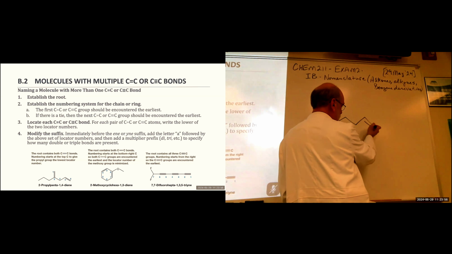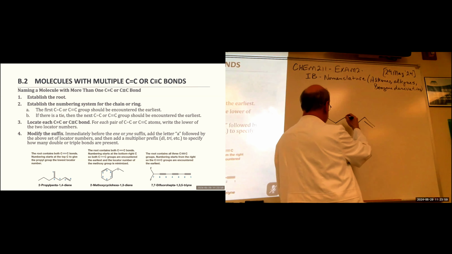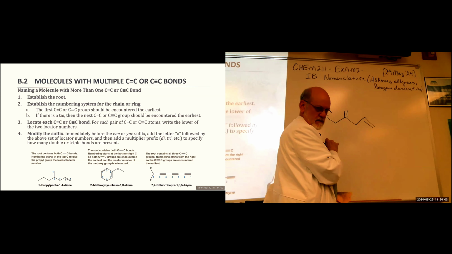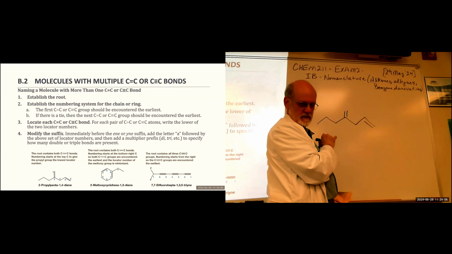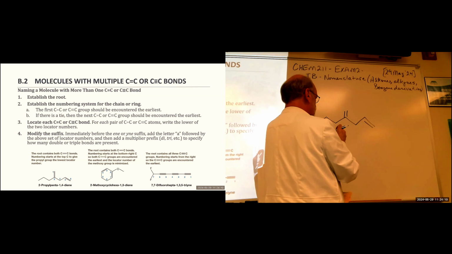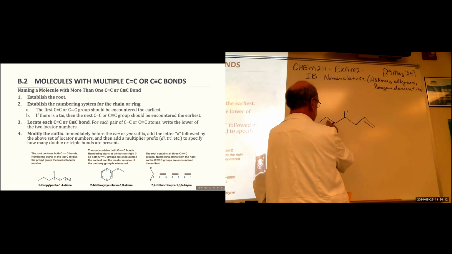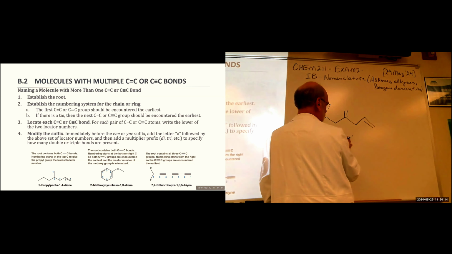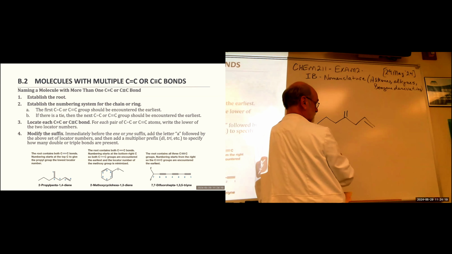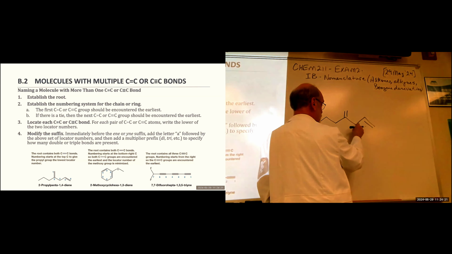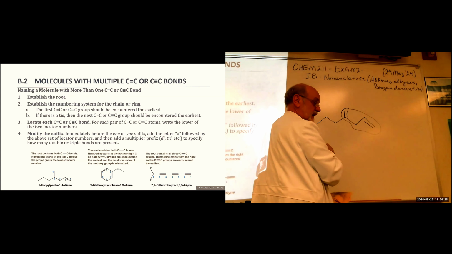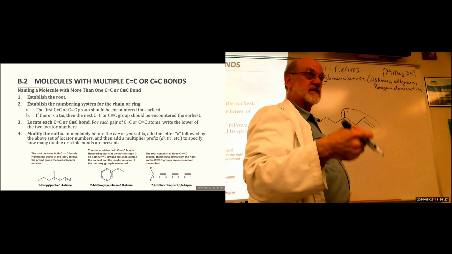This one's a double bond, and this one's a double bond. When you're trying to decide what's the longest chain here, if we went 1, 2, 3, 4, 5, that would only include one of these. We need to include both of them. So we go 1, 2, 3, 4, 5 to include both of those enes. That makes it a diene.